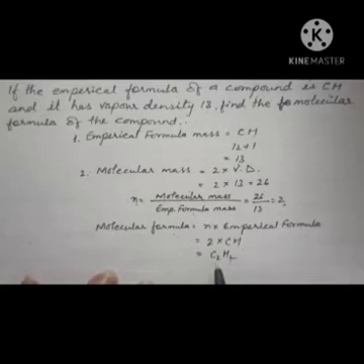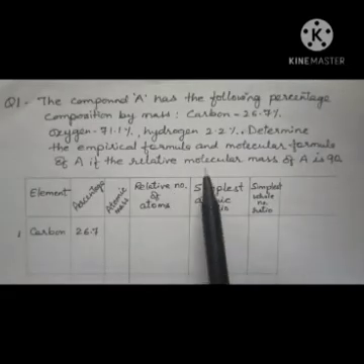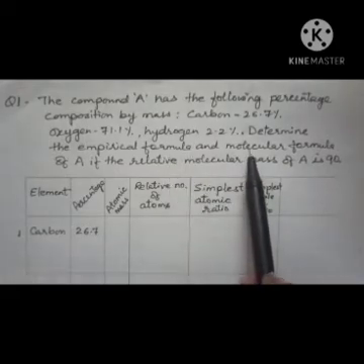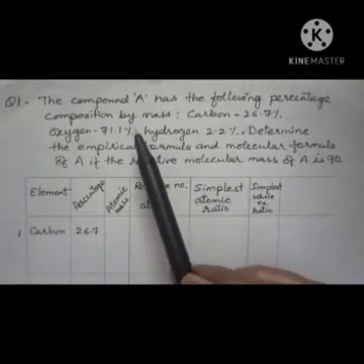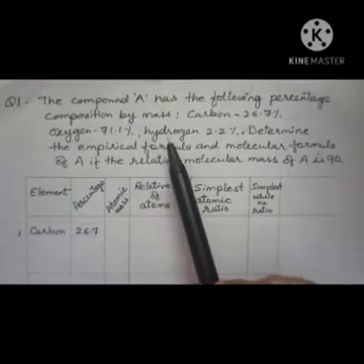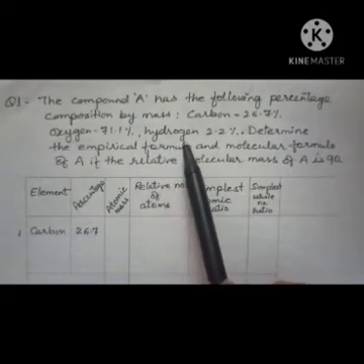In this way you will find out the molecular formula if vapor density and empirical formula are given. Right? Let's take another example of how to find out the empirical formula as well as the molecular formula when the percentage composition of each element of that compound is given. Now look at the question.